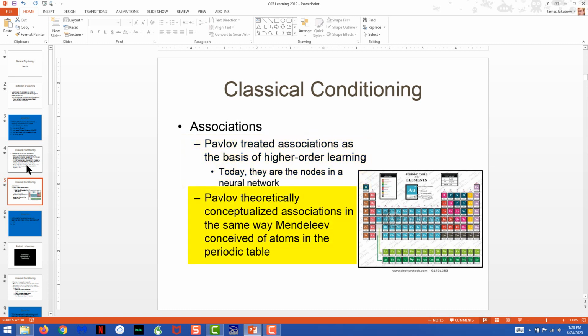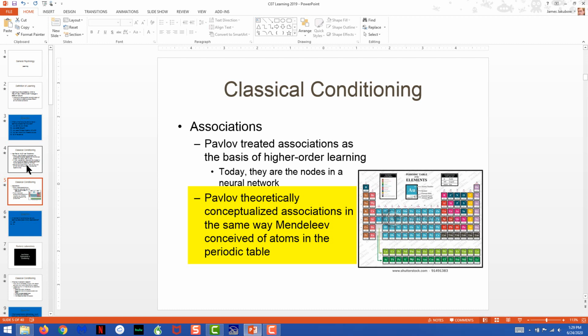And Dmitri Mendeleev was the chemist who created the periodic table of the elements approximately 1 decade before Pavlov got there as a student. So Pavlov sat in Mendeleev's classroom and learned chemistry and learned about the periodic table at a very early time.